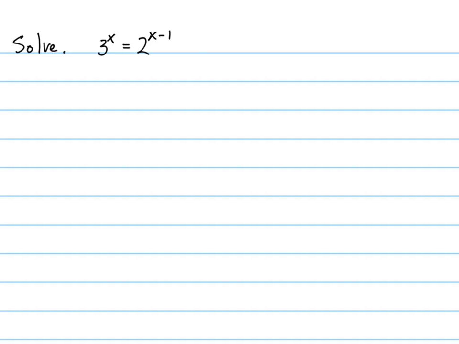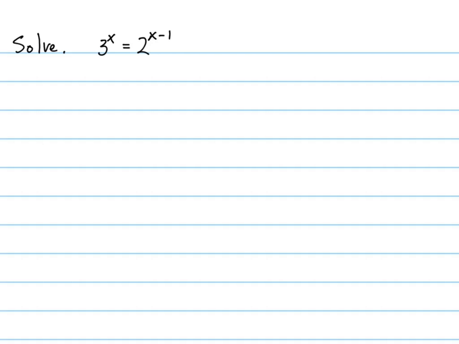So this doesn't fit the 2 strategies that we talked about where we try to get our bases to be the same. We can't do that. And we can't just switch forms. We have 2 bases with 2 different exponents. So we're going to have to do something different.